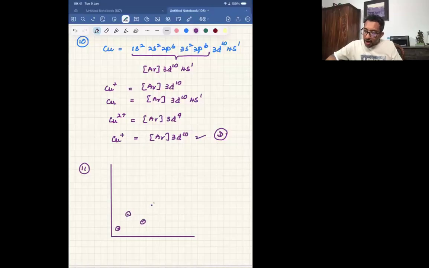Then what is the next one? Up, up, down. And then up and up. So that's how the variation takes place. So this is group 1, this is group 2, this is 13, then this is 14. What is the next one? 15. This one is 16, this is 17, and this is 18.